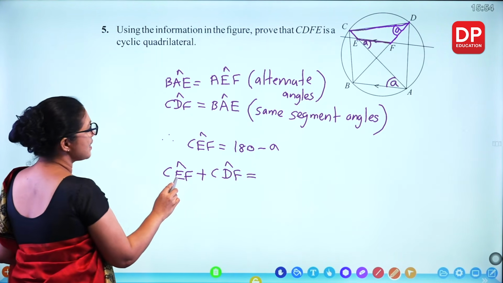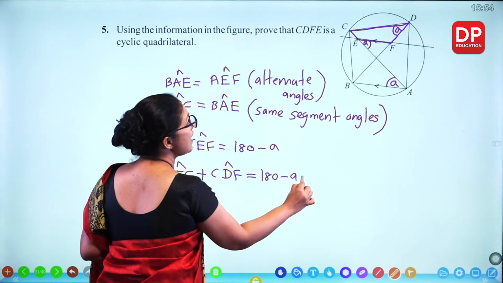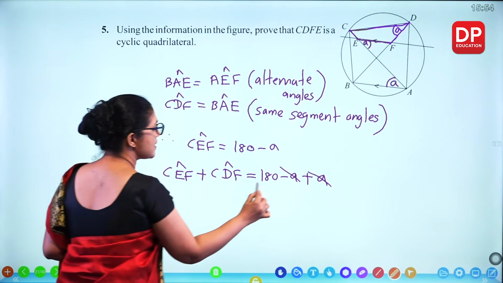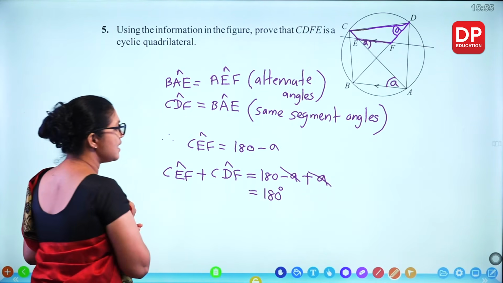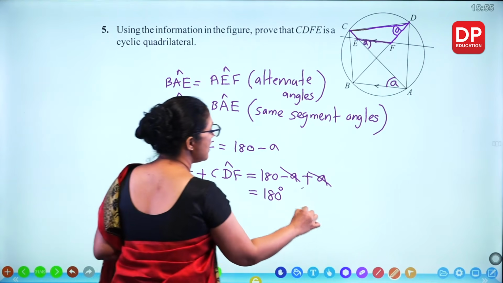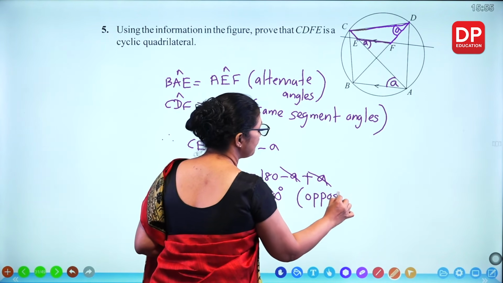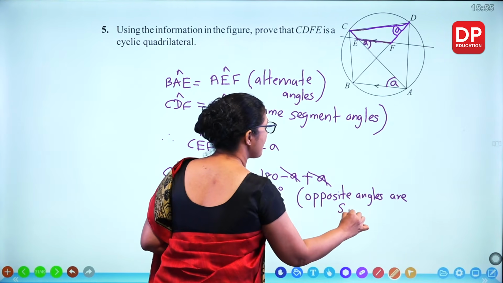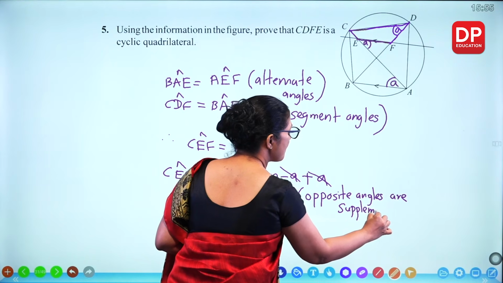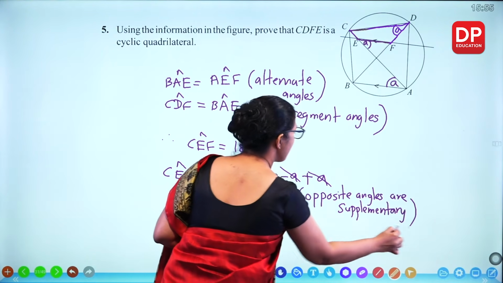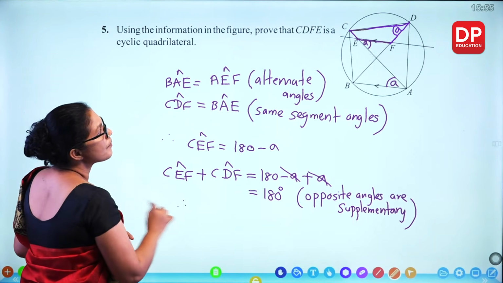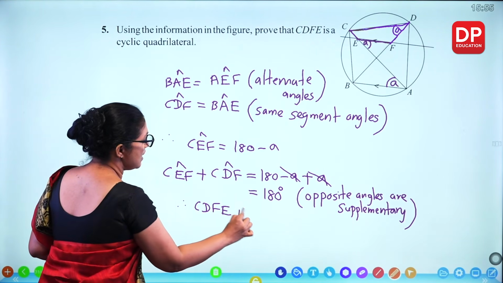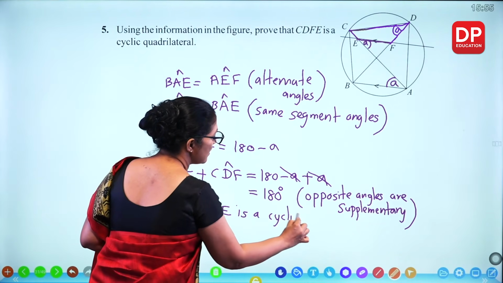CEF is 180 minus A, CDF angle is A. Minus A plus A get cancelled out. You get 180. That means opposite angles are supplementary. So therefore, CDFE is a cyclic quadrilateral.